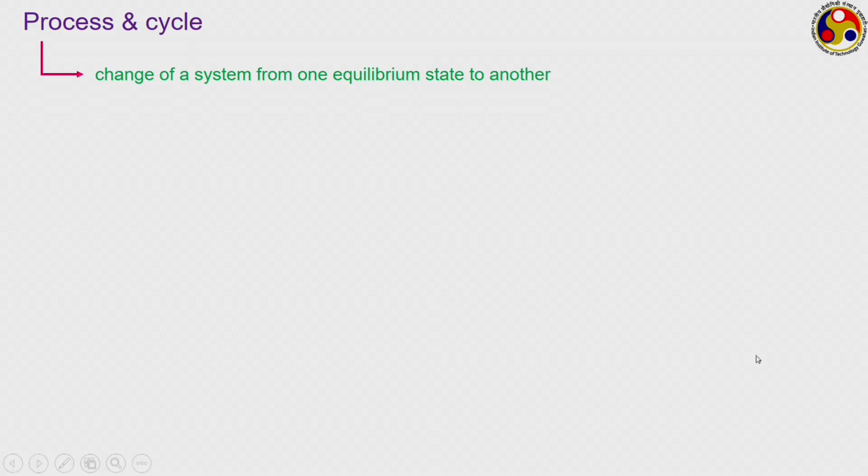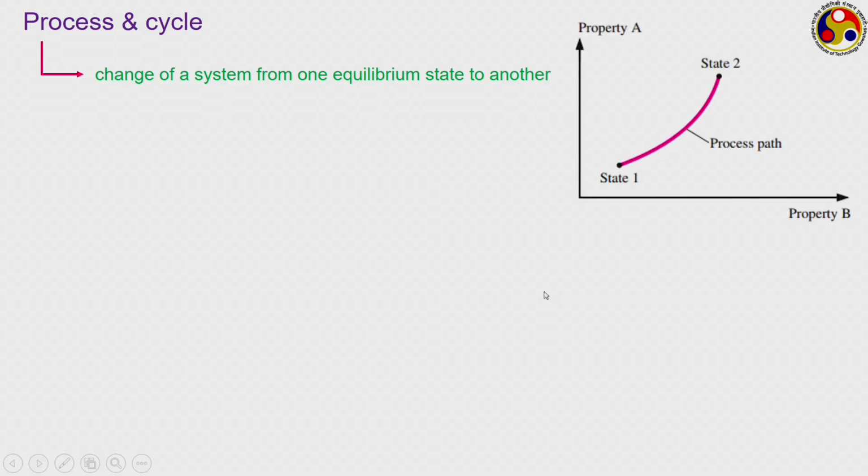We generally represent processes in terms of a property diagram, something like this, where we select two properties, generally independent intensive properties, as the two axes, and plot the process. And here state 1 is the initial point of the process or starting point, state 2 is the finishing point of the process, and the pink line represents the process path.